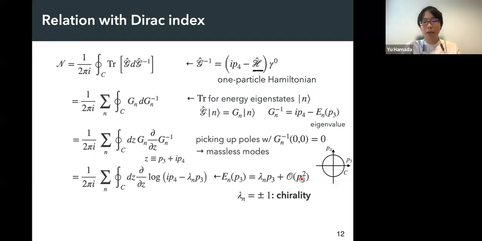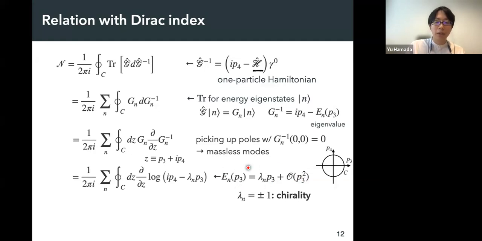Let's forget about the higher orders in P3 because we are considering the region around the origin. And this lambda_n can be plus 1 or minus 1. Actually, this is nothing but the chirality of the massless mode in the two-dimensional sense.